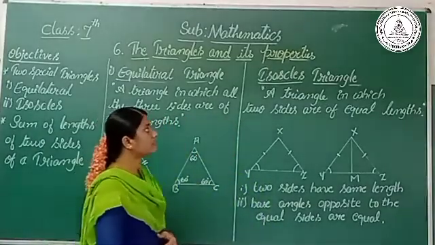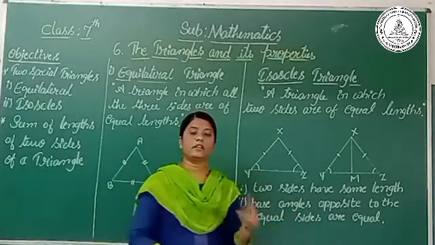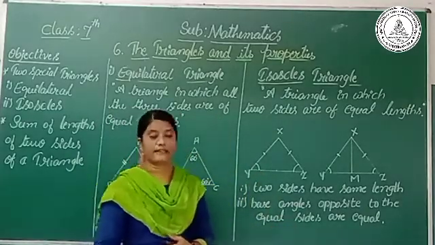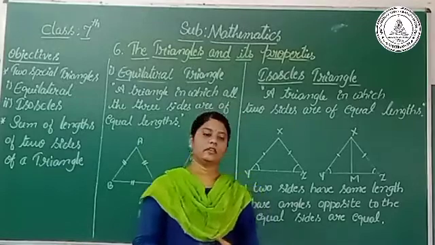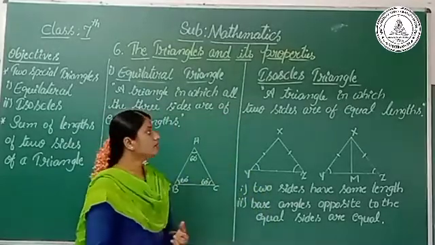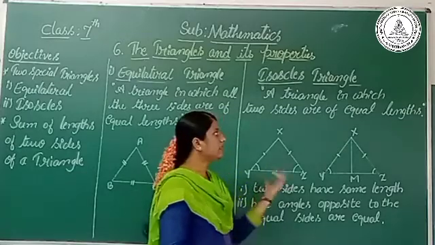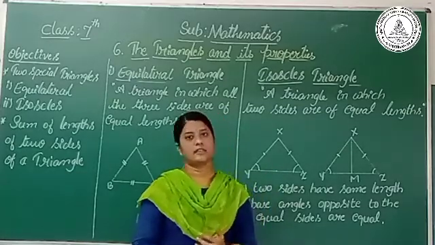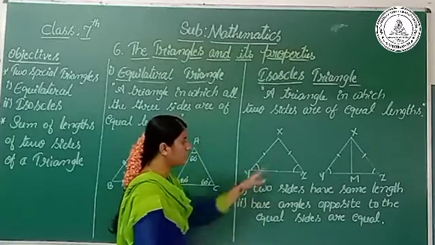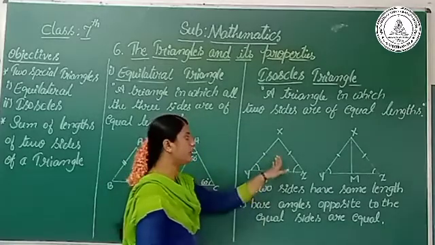Isosceles means that in a triangle two sides are equal in length. Then the triangle is said to be an isosceles triangle. You may observe here an isosceles triangle that I have drawn.